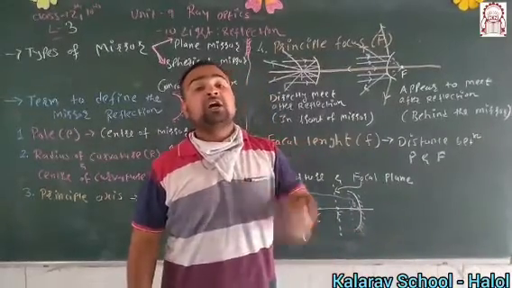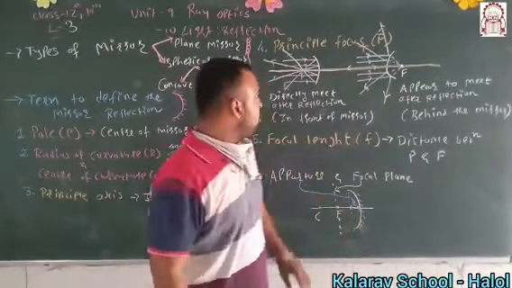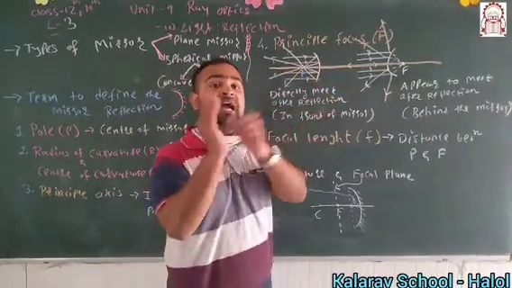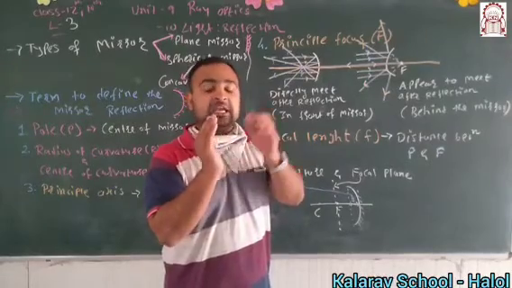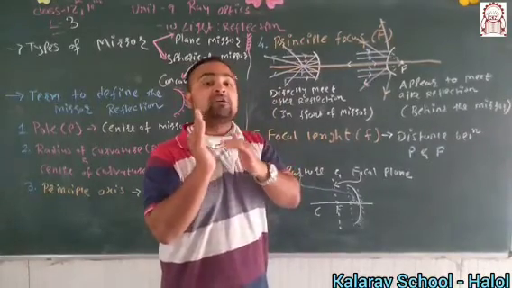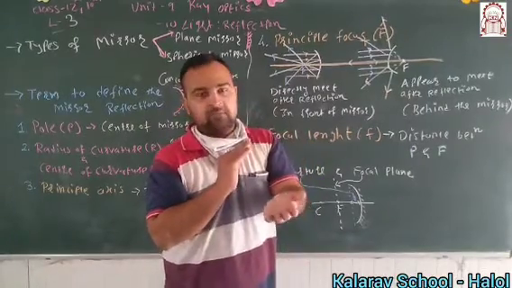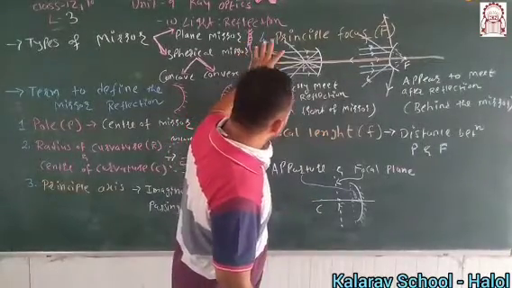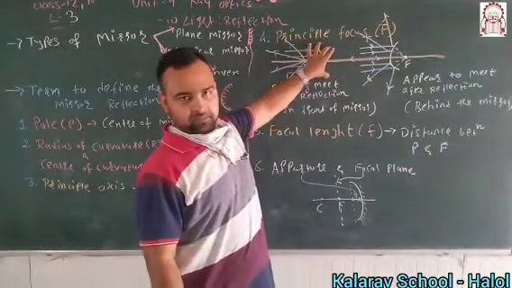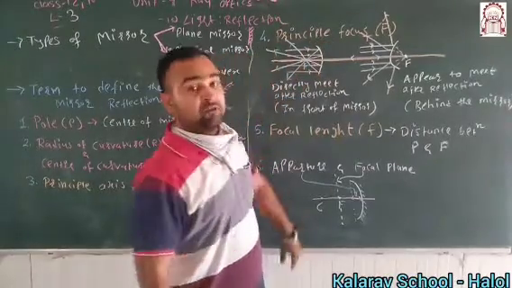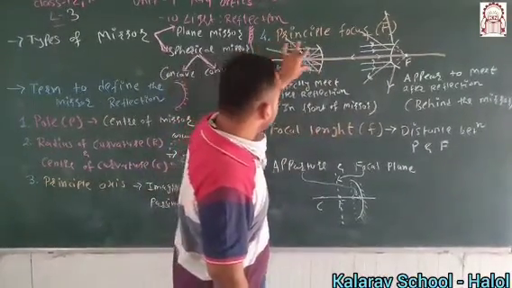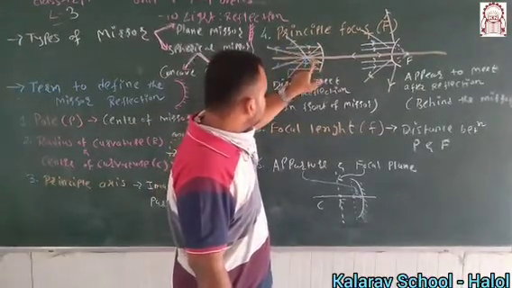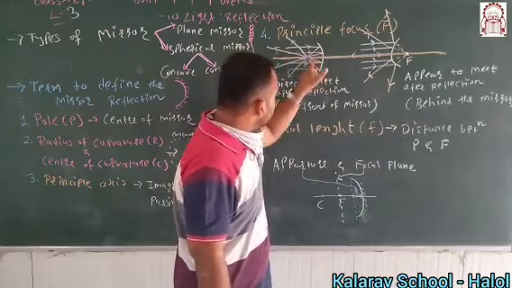Before we define it, we understand the phenomenon. Consider a concave mirror. Whenever you send parallel rays onto this concave mirror, after reflection they meet at one point on the principal axis.